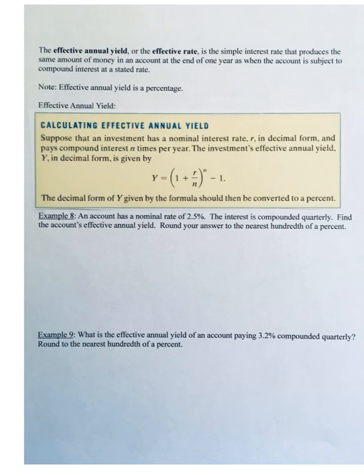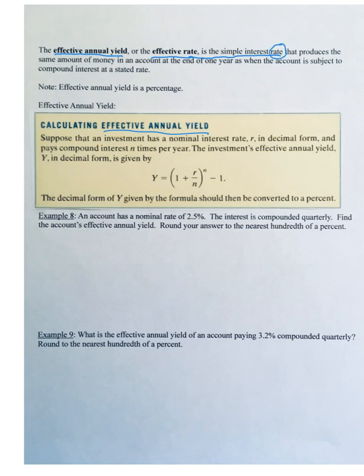The last formula is going to be calculating effective annual yield. Effective annual yield, also known as effective rate, is actually a simple interest rate. So you are solving for a simple interest rate.